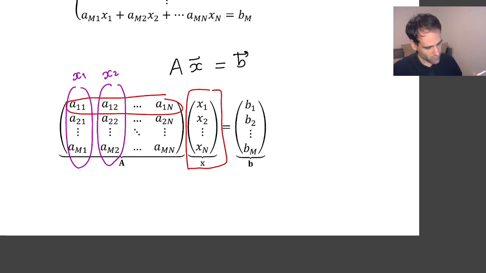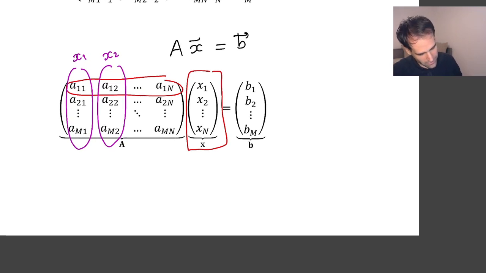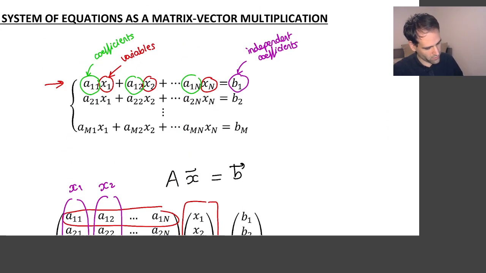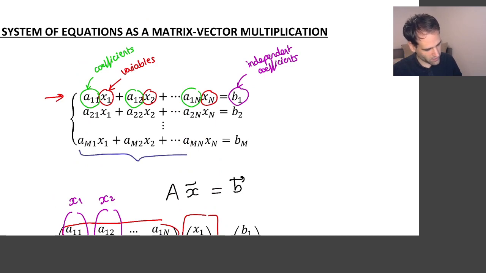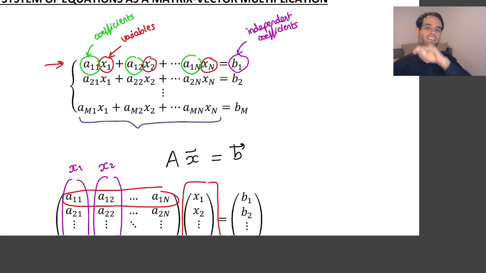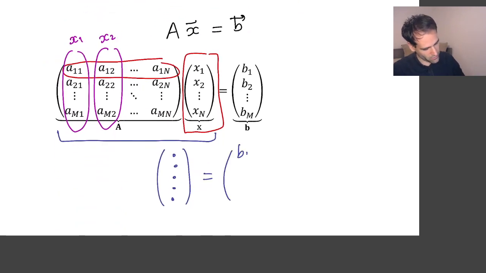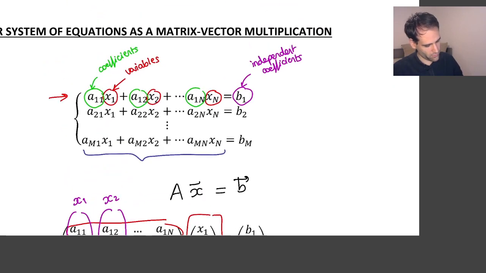So if you actually do the matrix vector multiplication on the left hand side, you end up with a vector in which each of the elements corresponds to the left hand side of this system of equations, basically a linear combination of all the variables. And then you equate that to b1, b2, b3 up to bm, and that gives you the total system of equations.